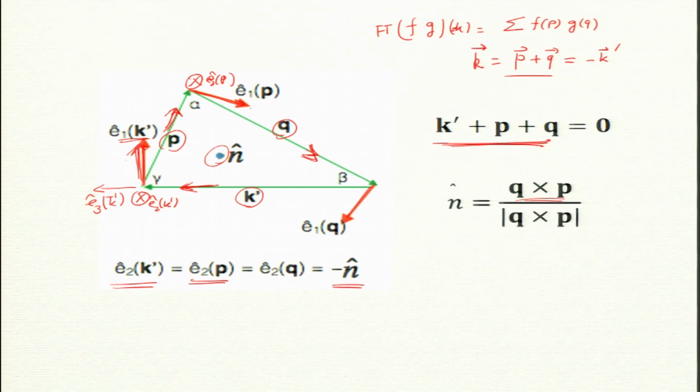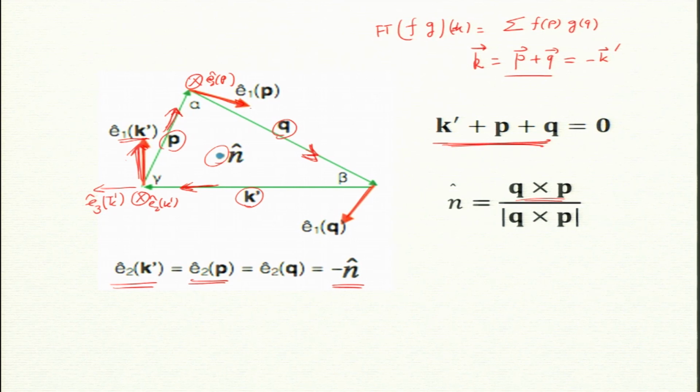Now, we can work with counterclockwise, but some sign changes happen. Is that fine? So, if I have a triad, I choose my n cap, which is Q cross P, and then I can construct E1, E2, E3, and I am ready for the next step.